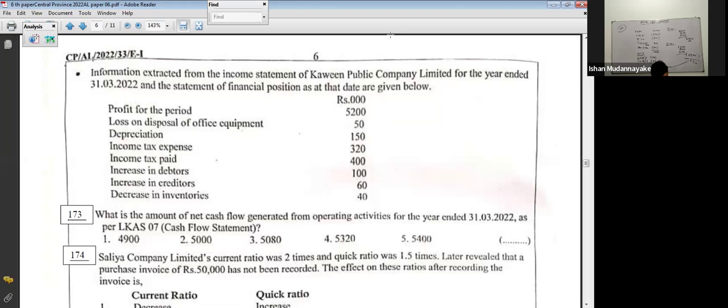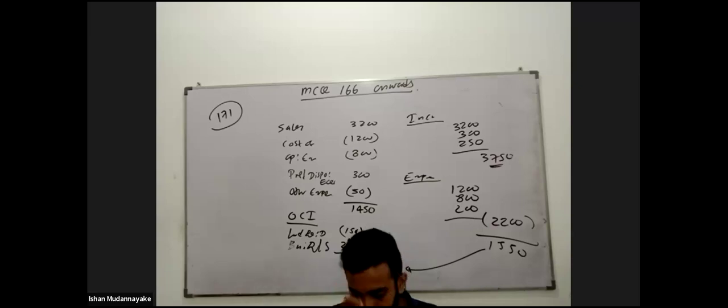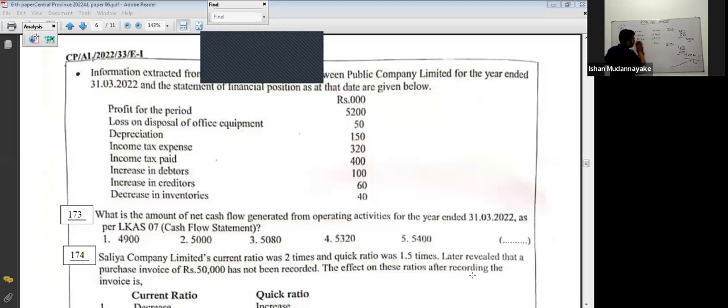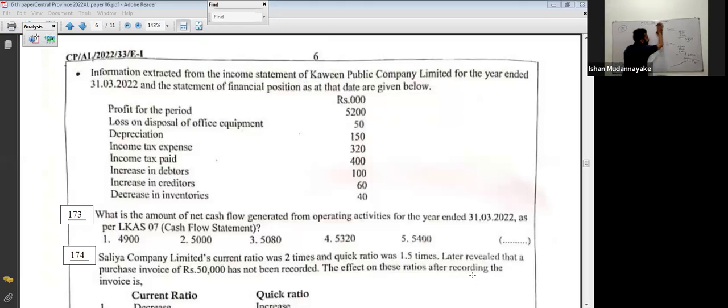What's the answer for question number 173? Question number 173.